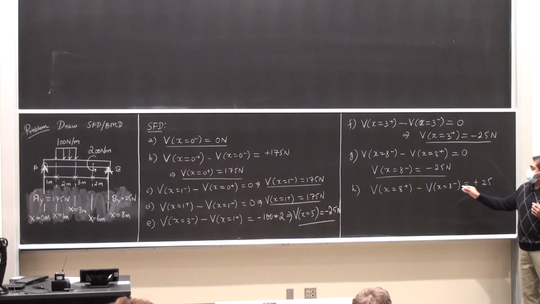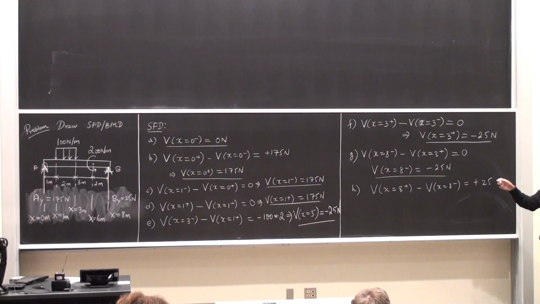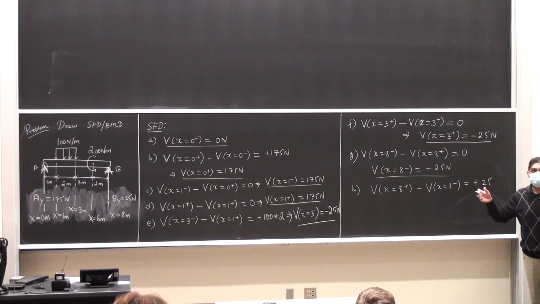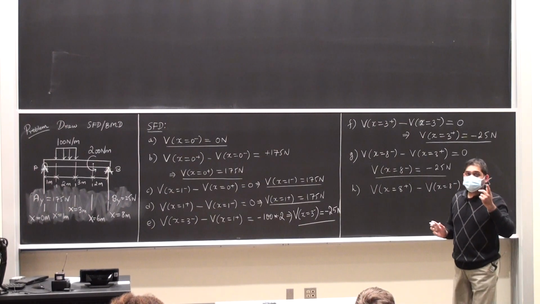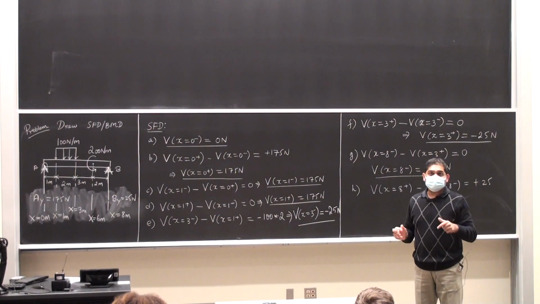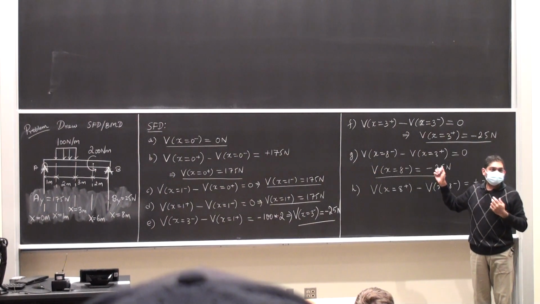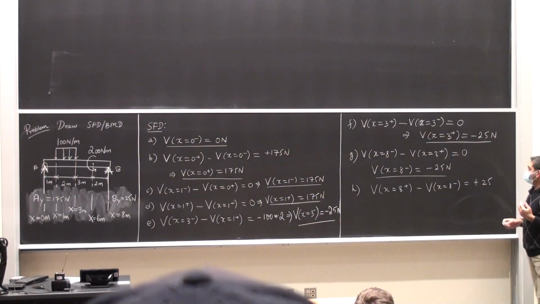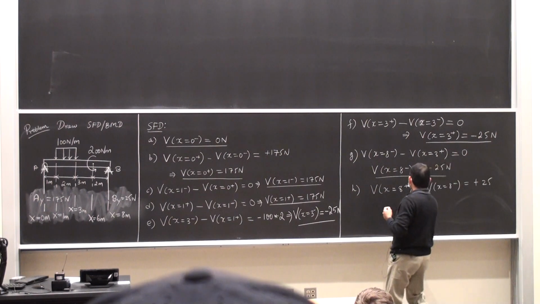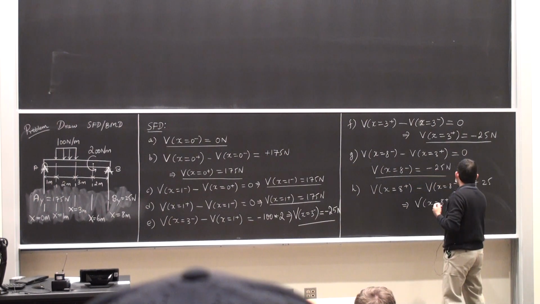If I bring this creature onto the right hand side, that's a negative 25. They cancel each other and you get 0. If you don't get 0, the mistake is made either in your statics, that is the first place I would look for a mistake, or somewhere along your journey to the end of the beam. Okay? So this is plus 25, so V at x equal to 8 plus is 0.